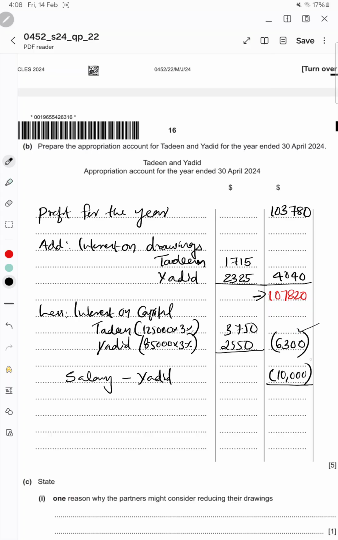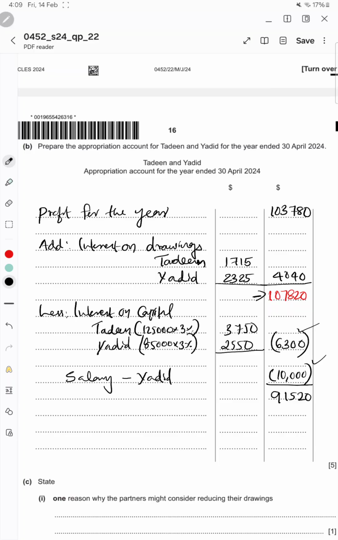So deduct these two values: 107,820 minus 6,300 minus 10,000 will be 91,520, isn't it? That is the profit share.